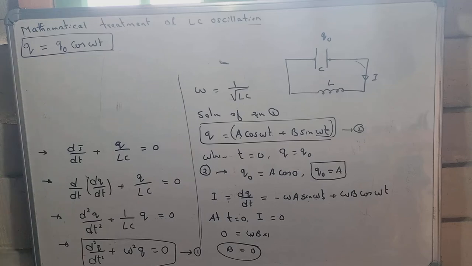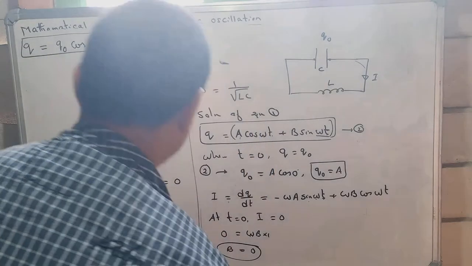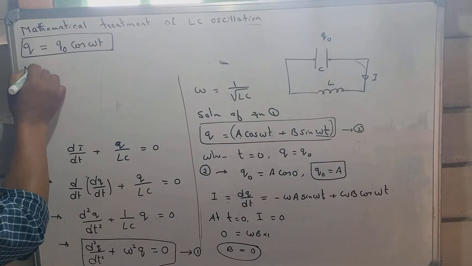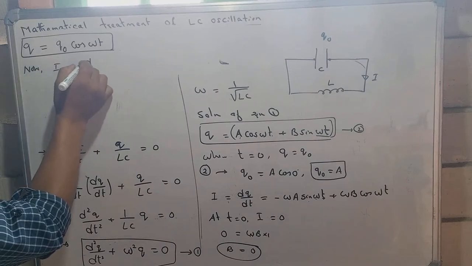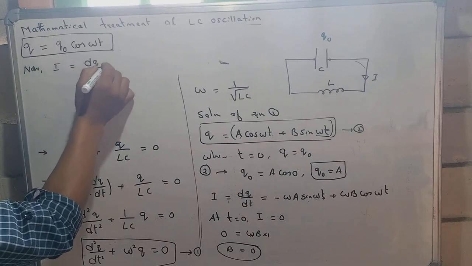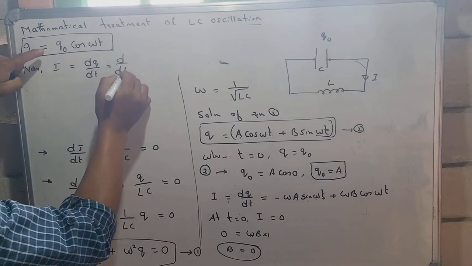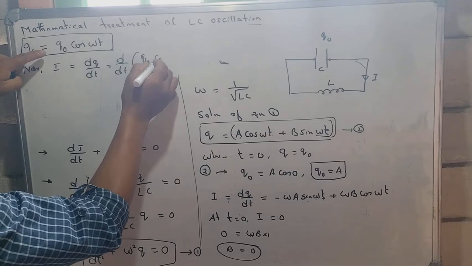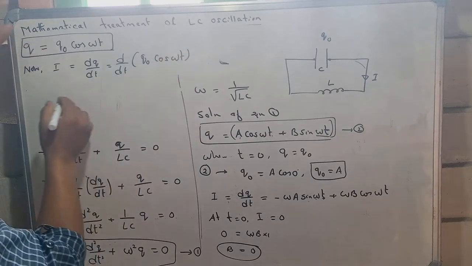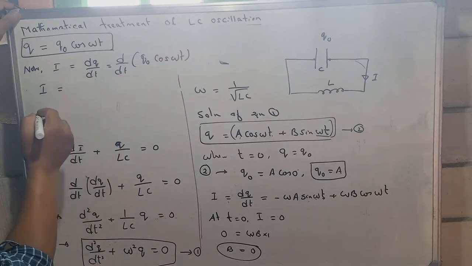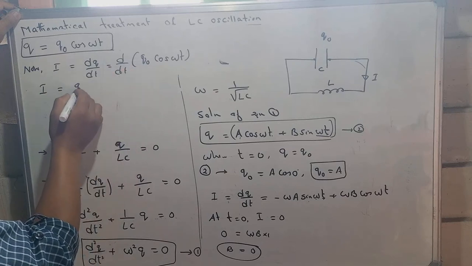Now let us look at the current. We know current is dq upon dt, which means you have to differentiate d by dt of Q naught cos omega t. For the instantaneous current, this Q naught is constant, so I'll take it out.